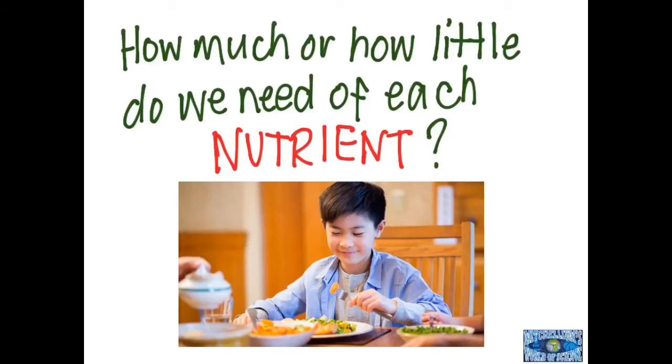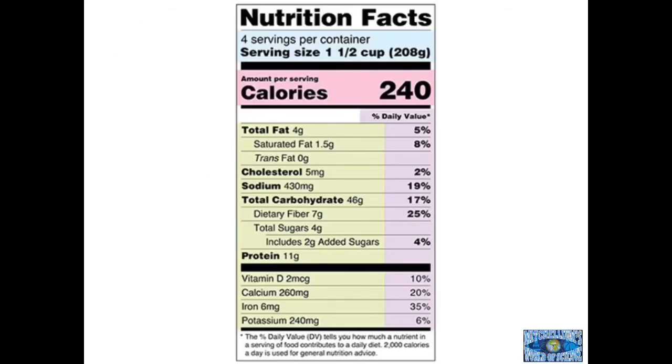Now, how much or how little do we need of each nutrient? The right amounts of carbohydrates, proteins, and fats to consume every day are related to the number of calories that our bodies need to have enough energy to perform life functions while maintaining a healthy body weight. You might have encountered the word calories or kilocalories from reading nutritional facts or labels on food packages.